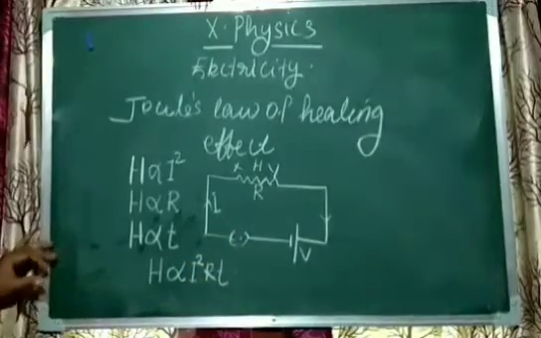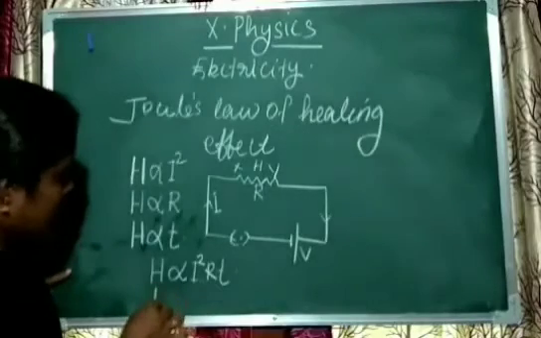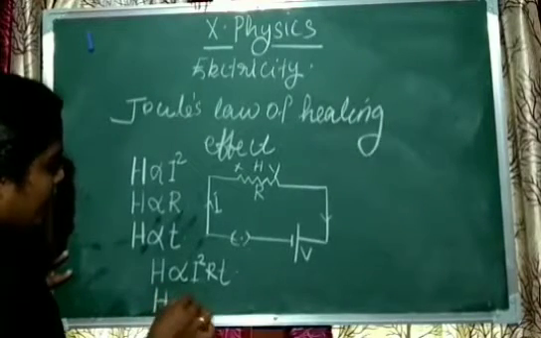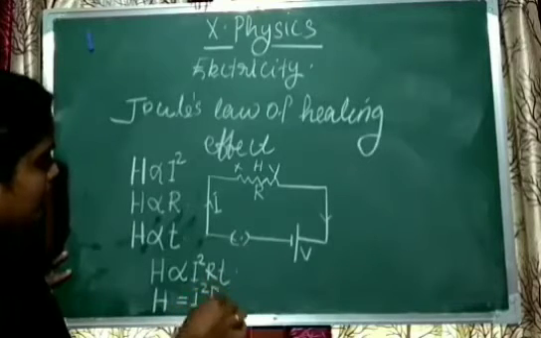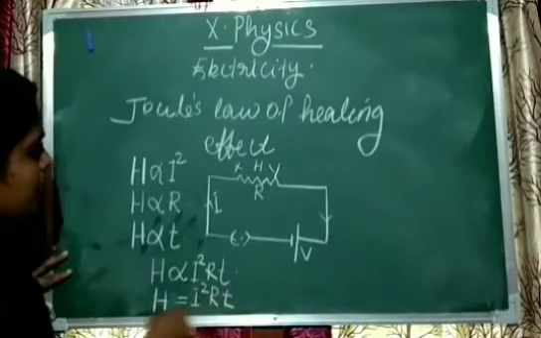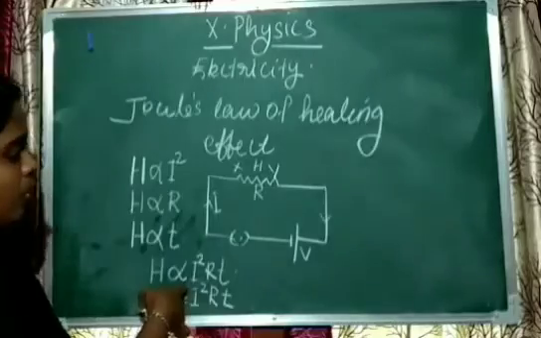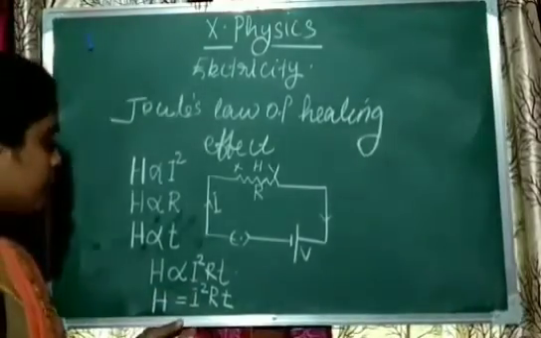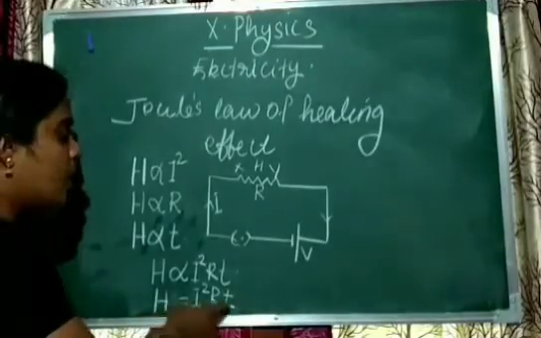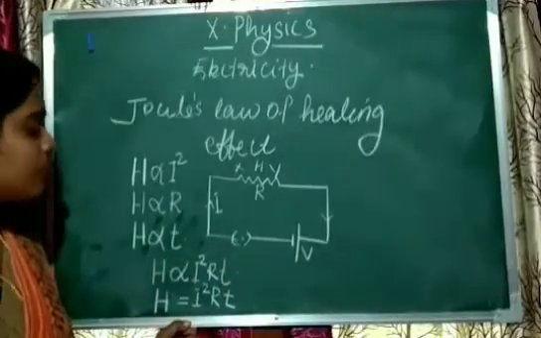To change this proportionality into an equation, we need to keep a constant, and its value is equal to 1 itself. So we can write H is equal to I square RT.